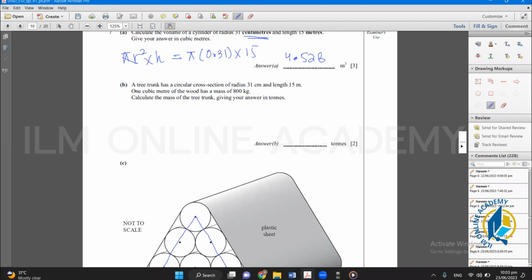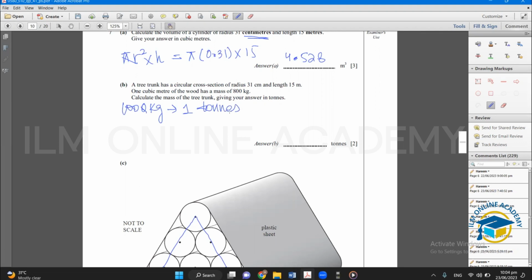So calculate the mass of the tree trunk, giving your answer in tons. Always remember that the conversion of tons is that 1000 kilograms equals 1 ton.